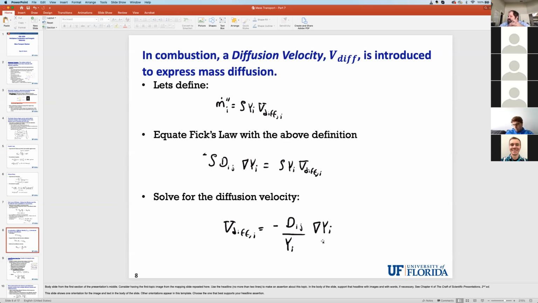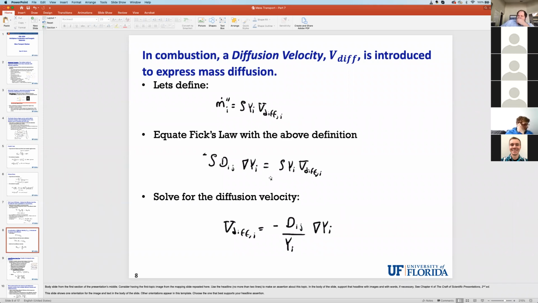It is very commonly used, and the reason is that there are all kinds of different models for this mass diffusion. Fick's law itself is rarely used directly because it isn't very accurate if you have a whole lot of different species with all these additional effects, as was brought up earlier.